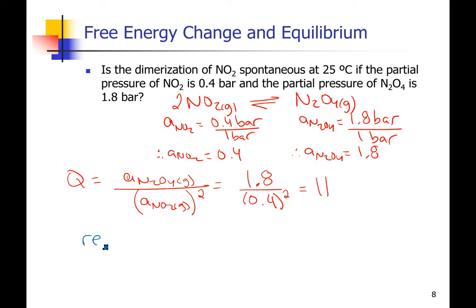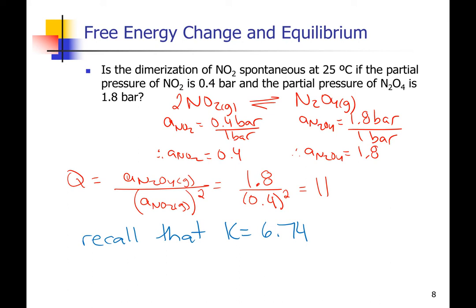Now, on the previous page, we calculated that the equilibrium constant for this process was 6.74. And so we can determine whether this reaction is favored in the forward or reverse reaction by doing one of two things. We can either directly compare the reaction quotient to the equilibrium constant, or we could pick up our reaction quotient and combine it with our standard free energy change from the previous page and calculate an actual free energy change for the reaction, and then look at whether that is positive or negative.